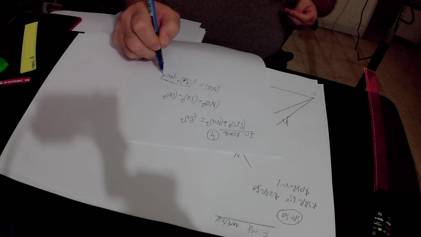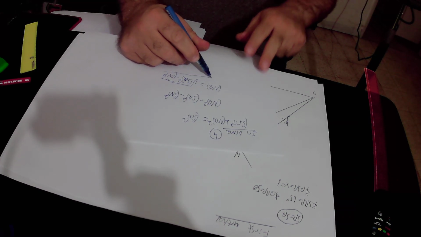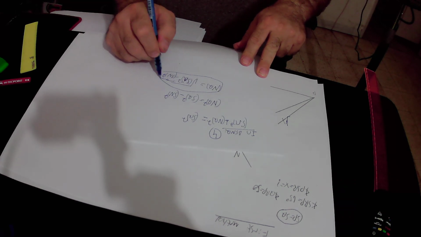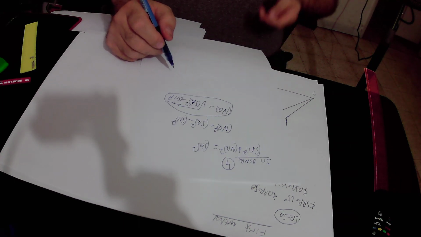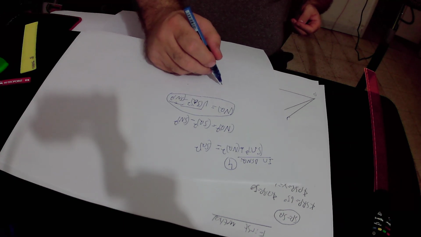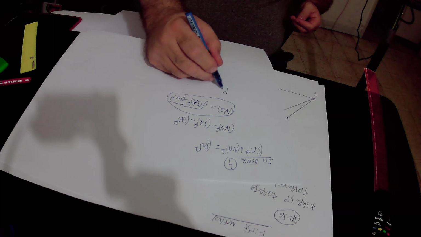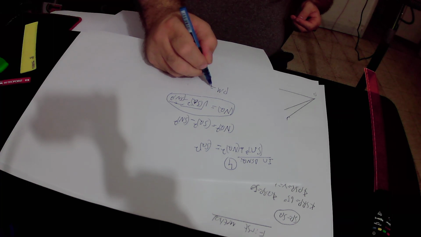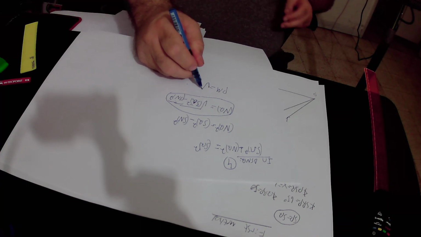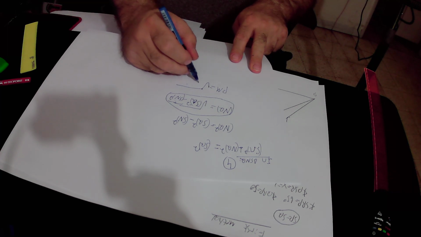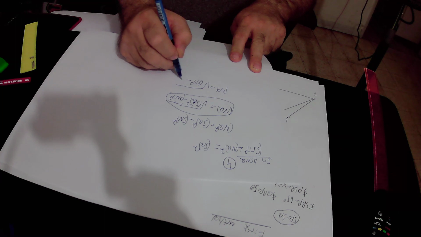That is the value of NQ according to the Pythagoras theorem. And we have already found out that PM equals the root of SP squared minus SM squared.